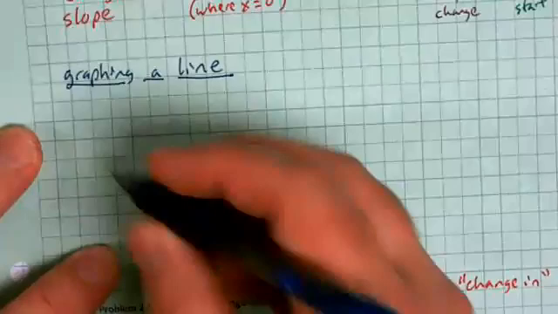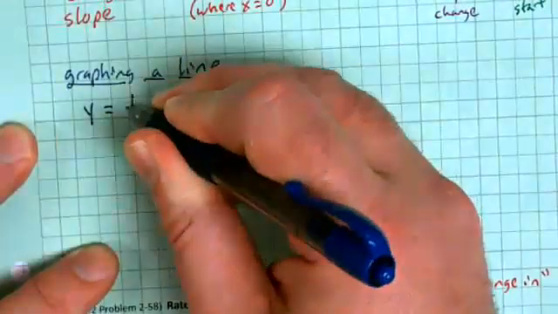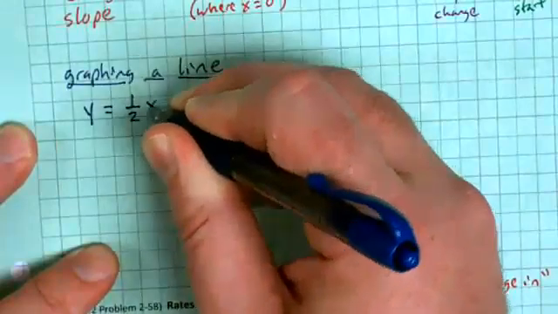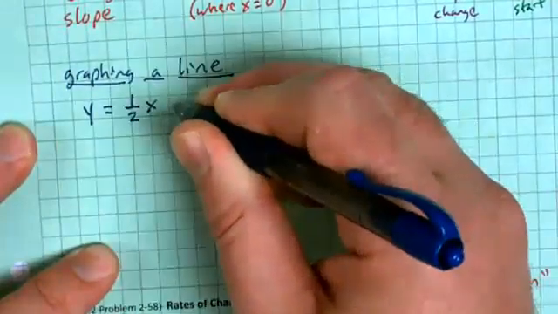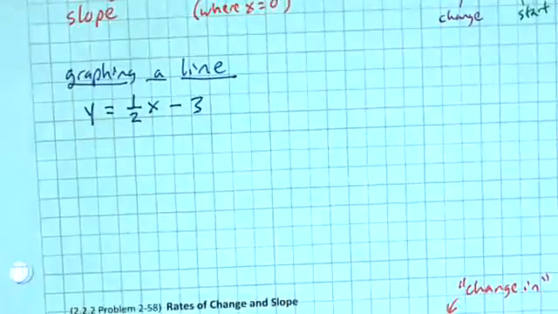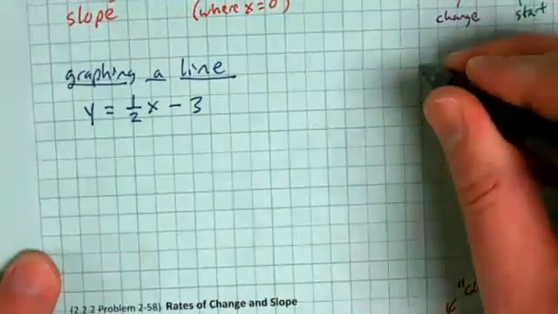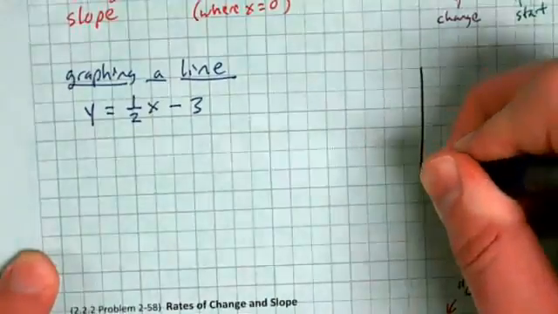So let's do y equals 1/2 x minus. And I'm going to draw my graph just right off the side.